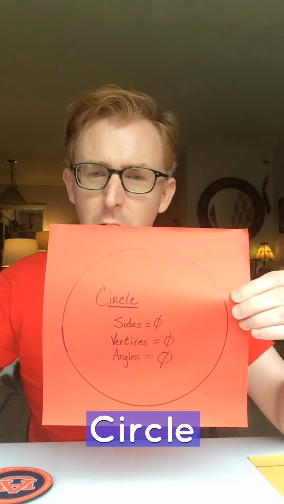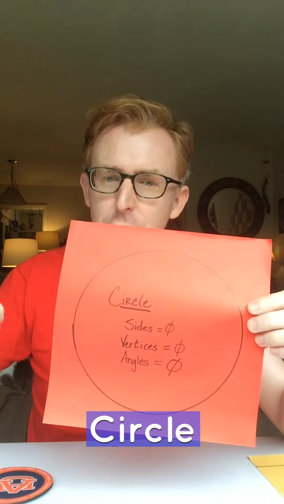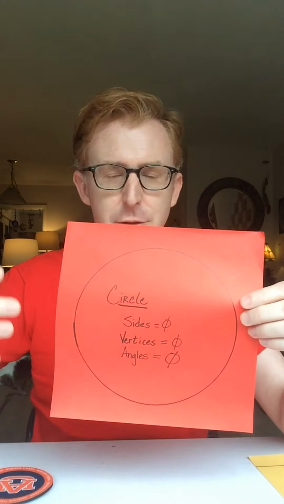So let me show you an example of a two-dimensional shape to a three-dimensional shape. Our first two-dimensional shape example would be a circle. From a review, the circle has no sides, no corners or vertices, or no angles. It is a flat circular shape. My example that I have is a coaster.